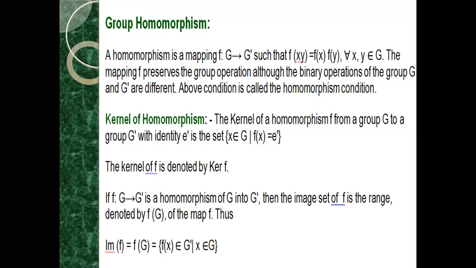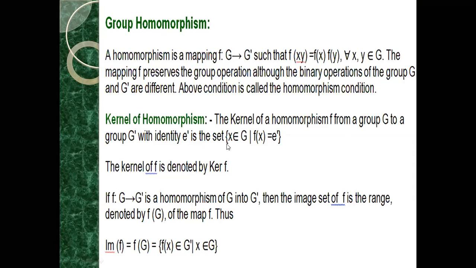In a similar way, let f map G to G dash be a homomorphism, and E be the identity element in G and E dash be the identity element in G dash.